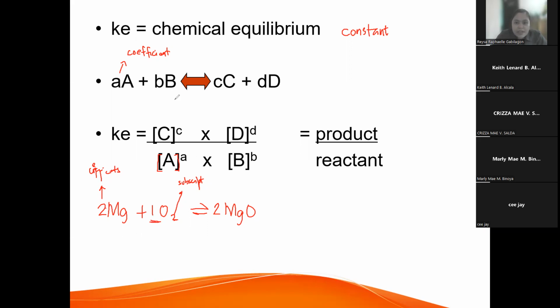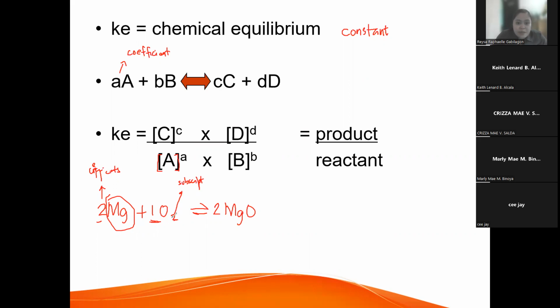So, pwede nang wala dyan sa equation. Okay, coefficient will tell you how much molecule of this substance is present in the chemical reaction. Again, coefficient tells us class, this refers to the number of molecules present in the chemical reaction. So just like this, you have 2 magnesium, it means dalawang molecules of magnesium.